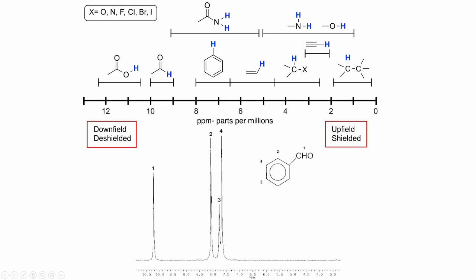As you can see here, we're starting at around 8.2, and going to 7.5. So these are our hydrogens on the benzene ring. Using these two pieces of information, we can safely determine that we did purify our benzaldehyde.